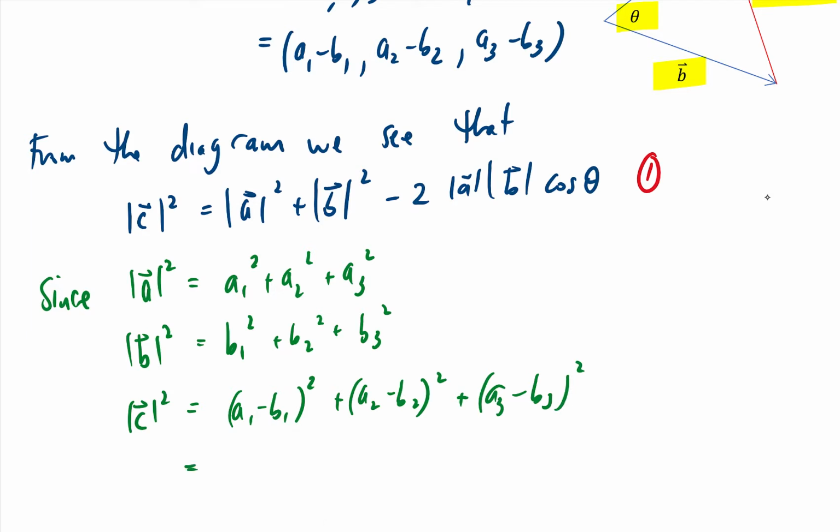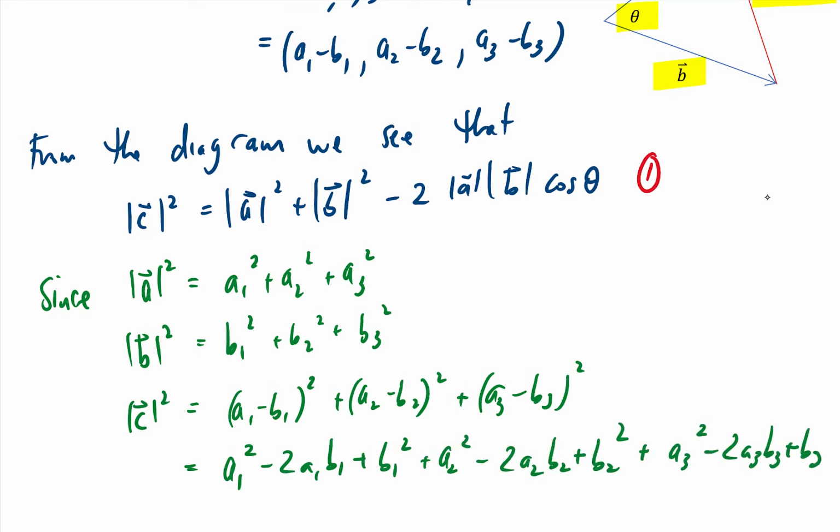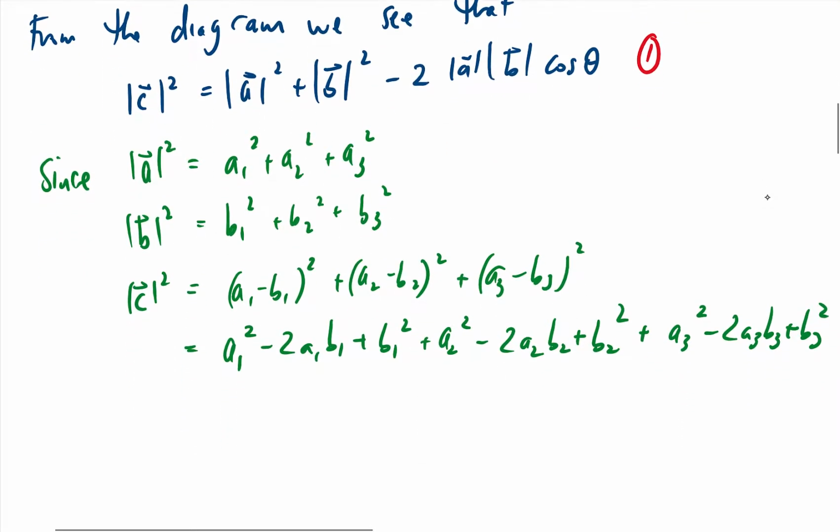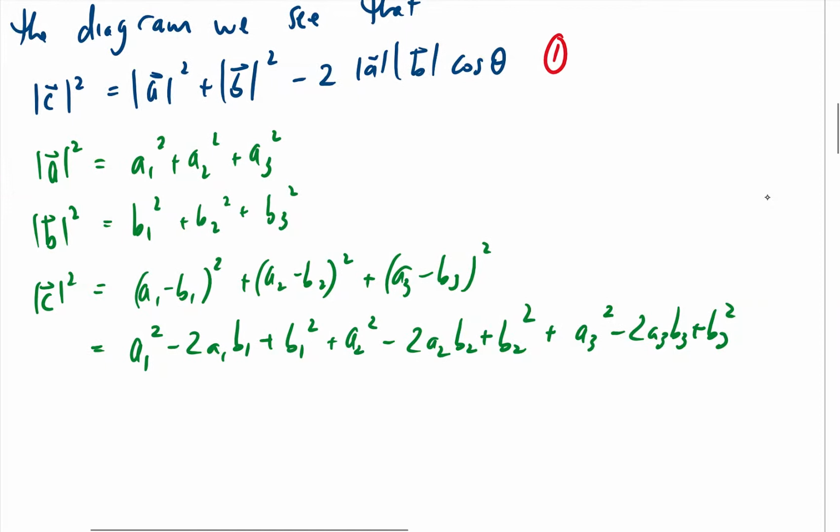And we're going to need to expand and simplify c squared. And you can do this yourself and then check your work. So there's the expansion of c squared. And we're going to call this equation number 2.